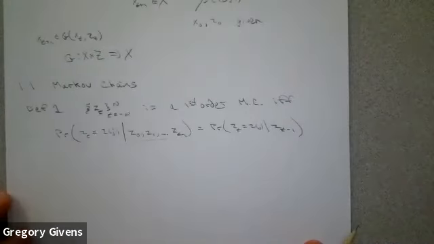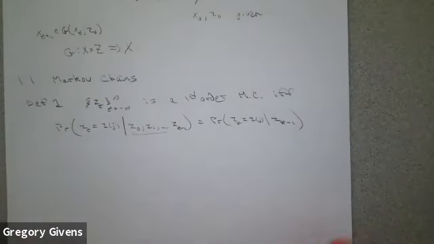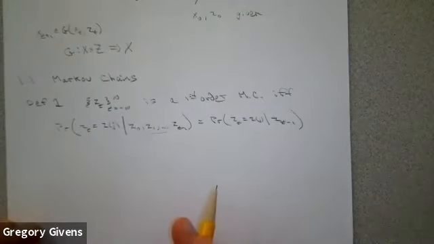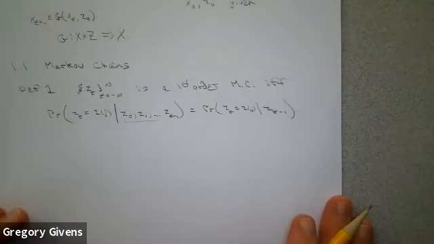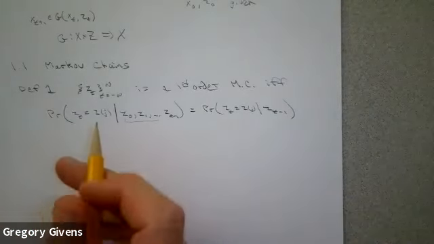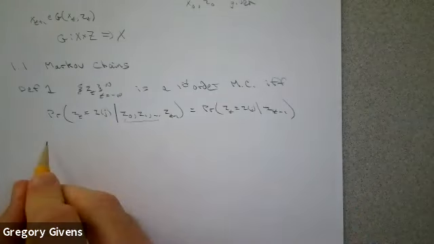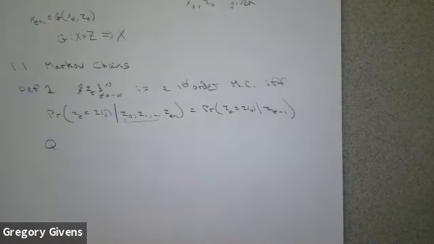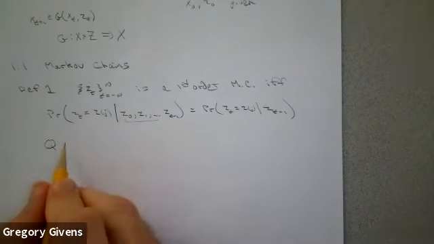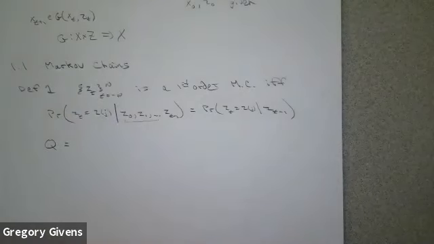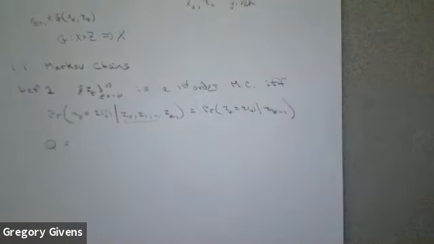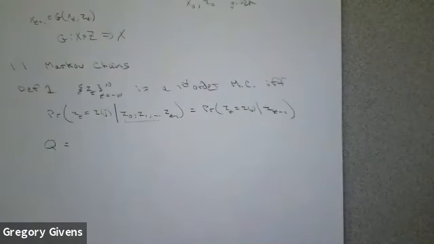Now, the Markov property also allows us to utilize a pretty simple notation to describe the probability distribution of the shocks, Z. Specifically, it allows us to make use of this thing called the transition matrix, which I'm going to label capital Q. Now, what does the transition matrix tell us? Each element of the transition matrix tells us the probability of transitioning from one state in period t minus 1 to a different state in period t.